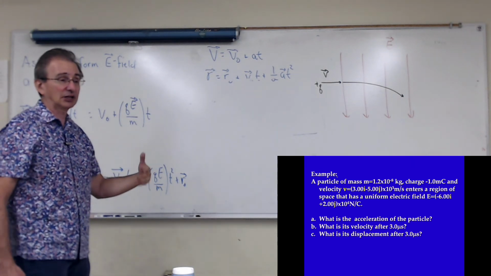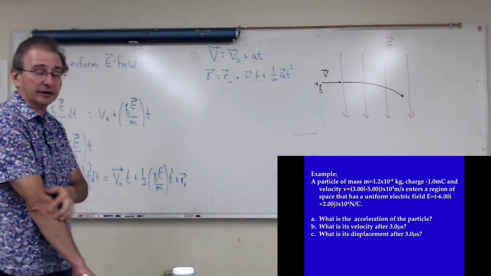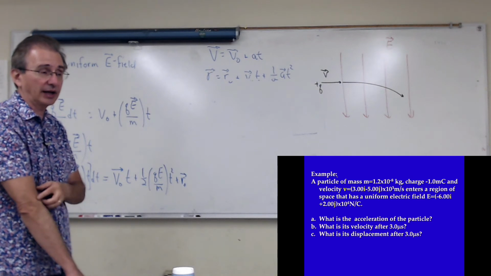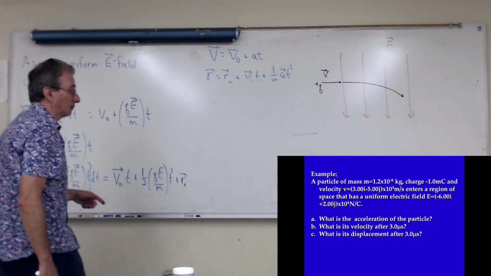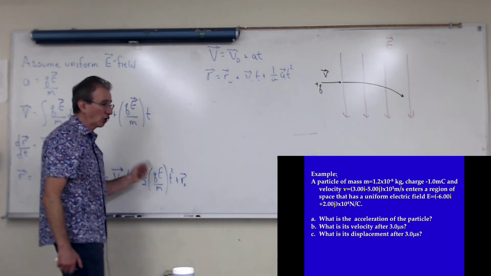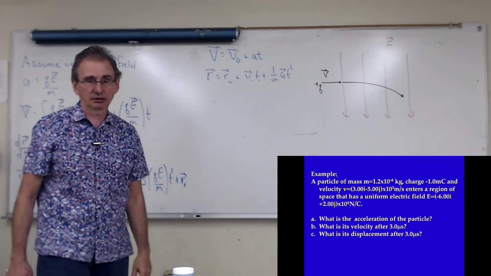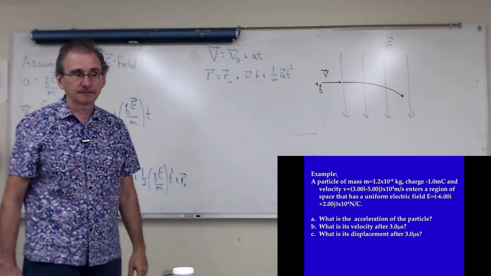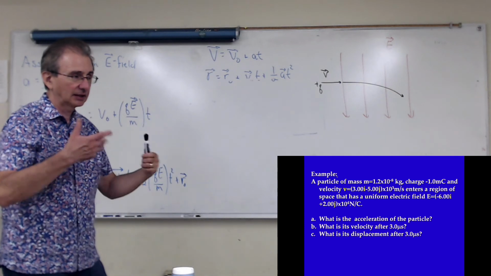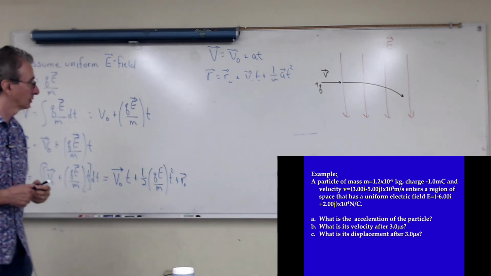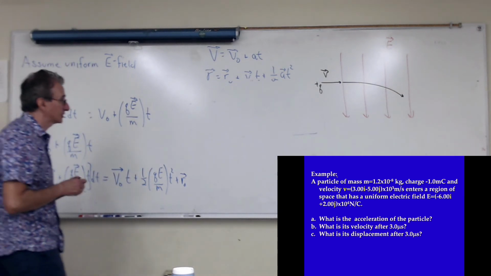Now, if the electric field is not uniform, then the problem would be harder. I agree with that. But if the electric field is uniform and constant, this is no different than an object that's dropped in space. Okay? Let's do an example. It's a motion at constant acceleration problem.